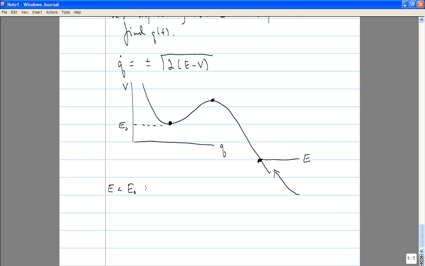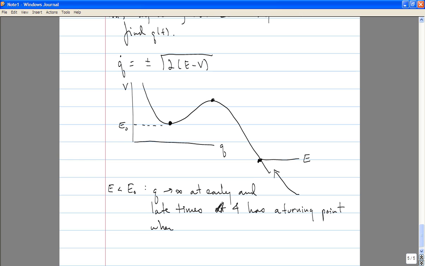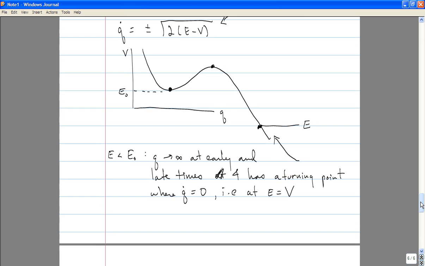So Q goes to infinity at early and late times, and it has a turning point at the point where Q dot is equal to 0, which, by this equation here, is just where E is equal to V.